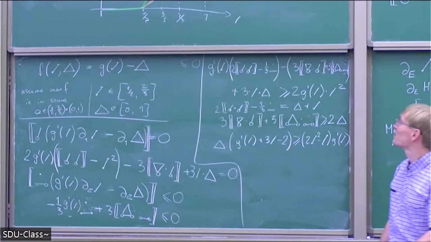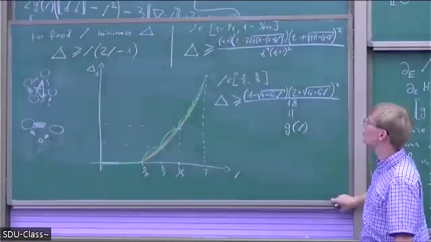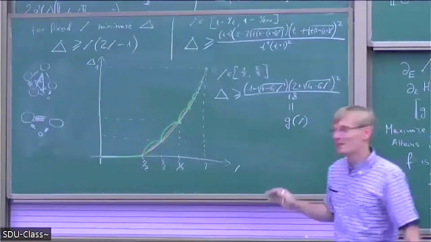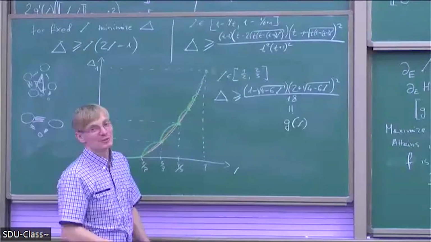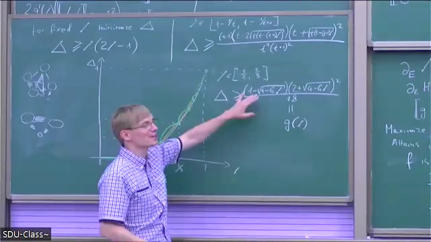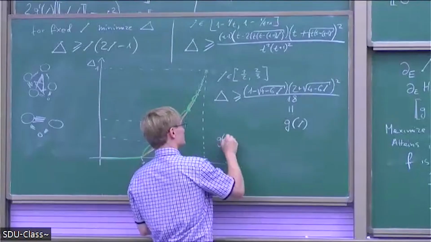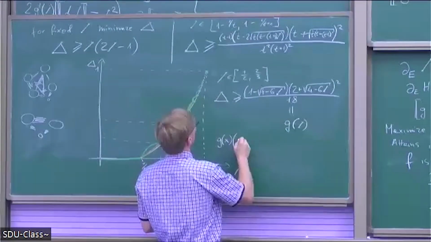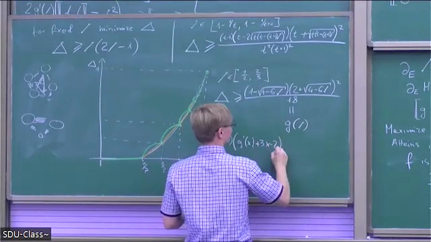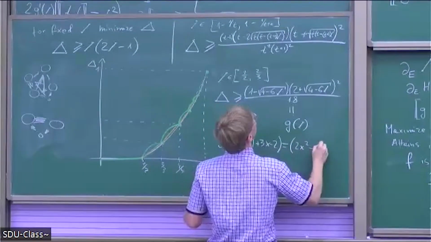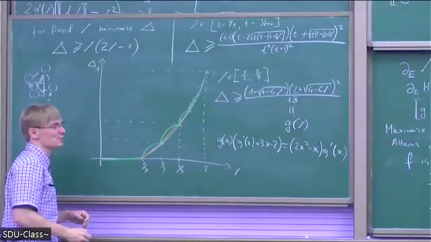Why? What we can observe about our function. And to be honest, I don't know how Razborov observed it. But if you have a function like this, and you calculate its derivative, you can imagine it will be some ugly expression, but it turns out that this function satisfies, for every x in the interval, the following differential equation.